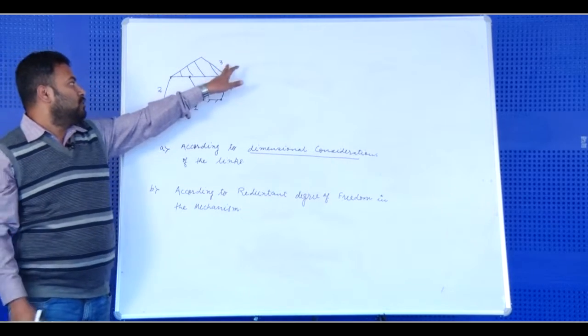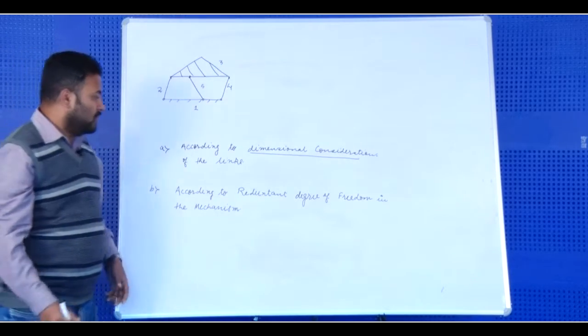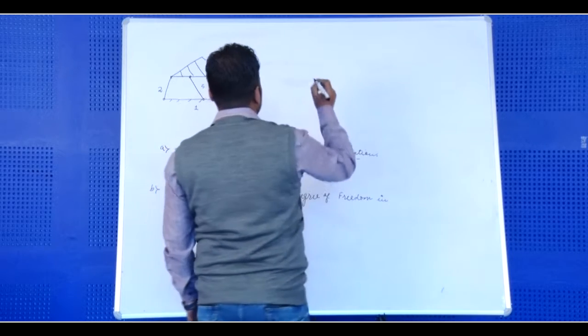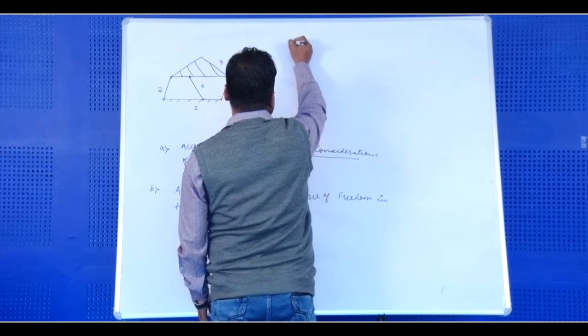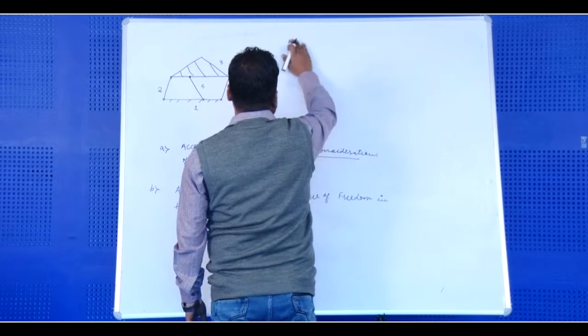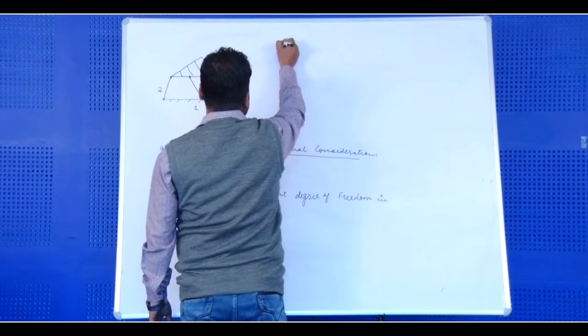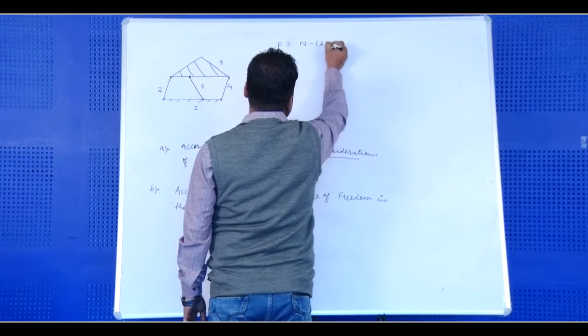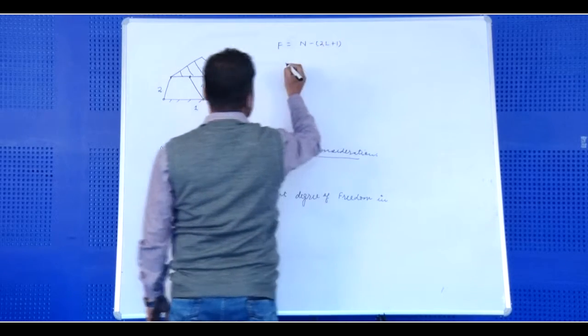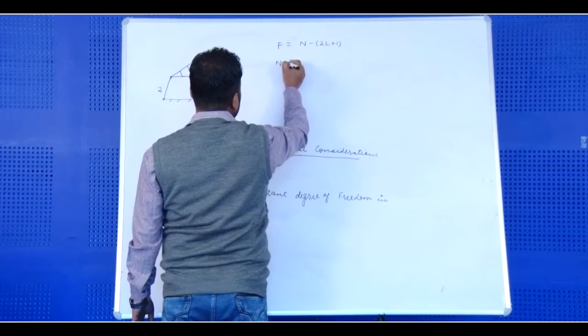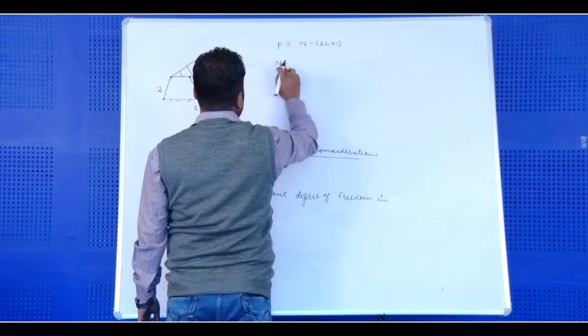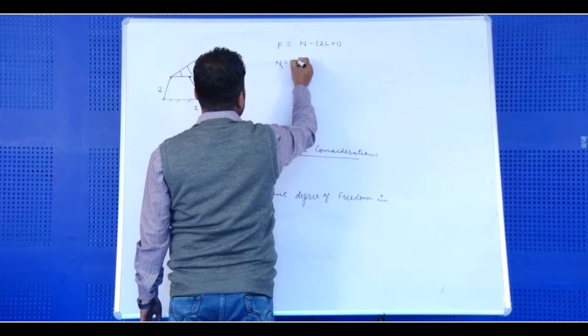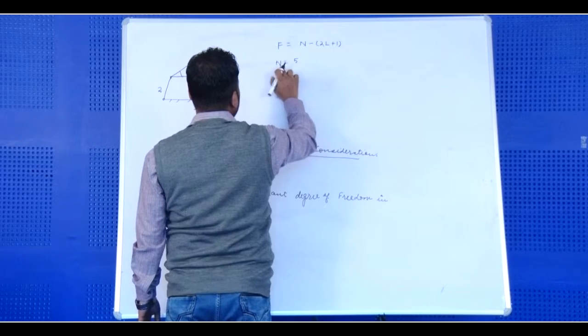The third link, as you know, is the ternary link. So, let us try to find its degree of freedom by applying one of the formulas we have learnt so far. The formula is F is equal to n minus 2l plus 1. Here the number of links is 5 as shown here.